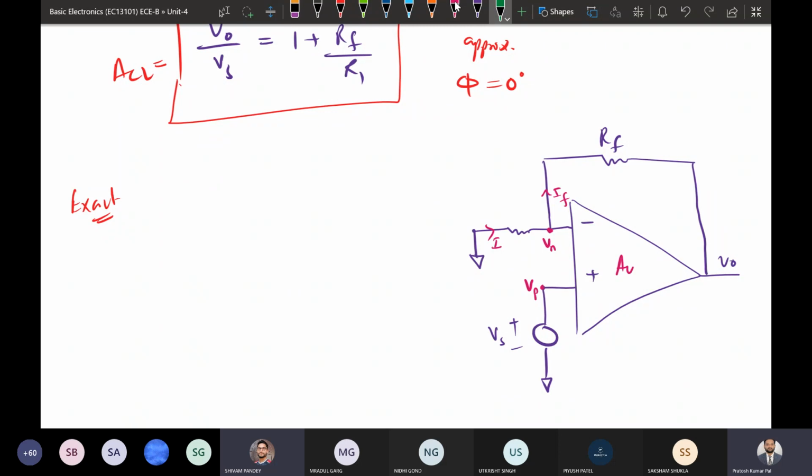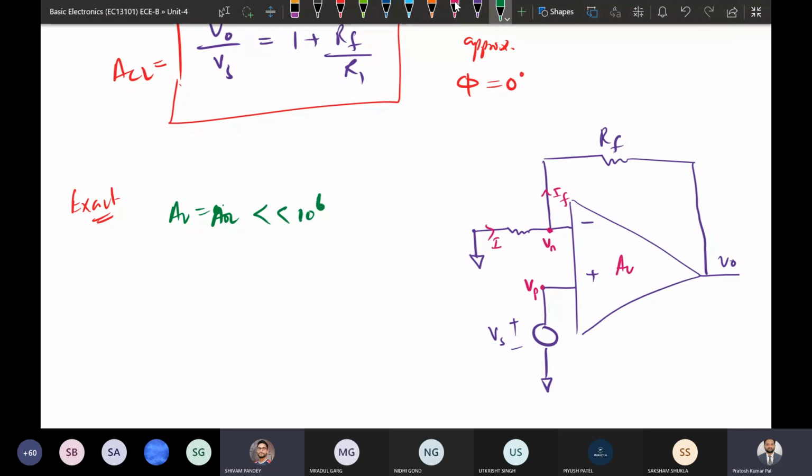So we can get from here that the open loop gain is not very high compared to the closed loop gain. That means it is less than 10 to the power 6, very much less than 10 to the power 6.